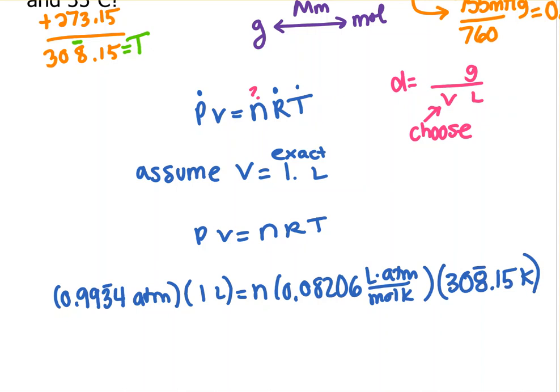And then I'm going to show my algebra. I'm dividing both sides by all of this. I want to get n by itself.